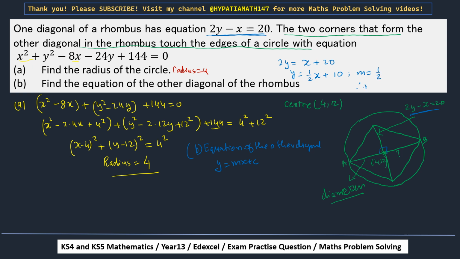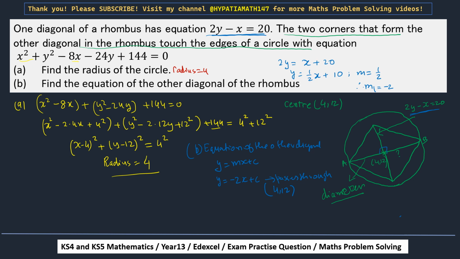Therefore the gradient of the line that's perpendicular to this line would be minus 2. So our equation would be y equals minus 2x plus c, and this line passes through the center, so it passes through (4, 12).